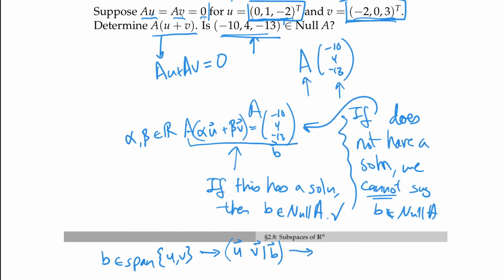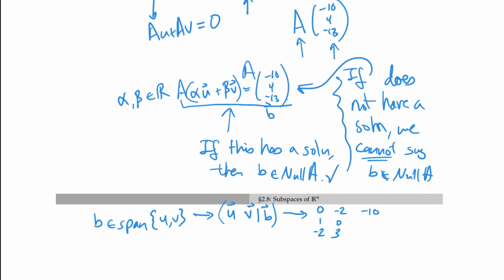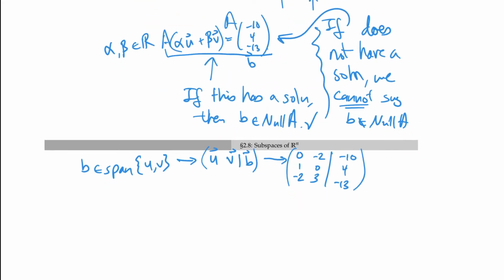So u is 0, 1, -2, v is -2, 0, 3, and b is -10, 4, -13. And what I need to do here is figure out if this is consistent or not. So here we go. Let me pop it into my handy calculator. Okay, what I ended up with is very interesting. I get 1, 0, 0, 0, 1, 0.